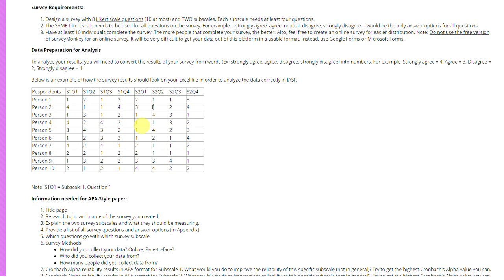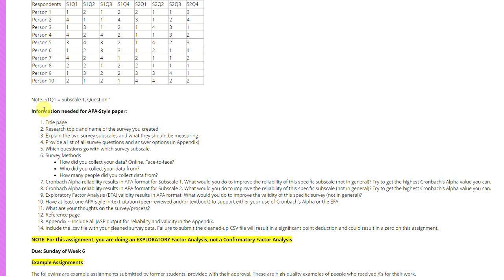So you do need your information in Excel in this type of format. Also, this is the Excel file, or actually the CSV file, that you will submit as part of this assignment. So remember, you do have to submit this file as part of your assignment.